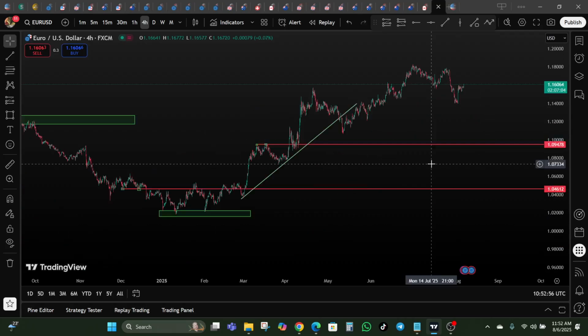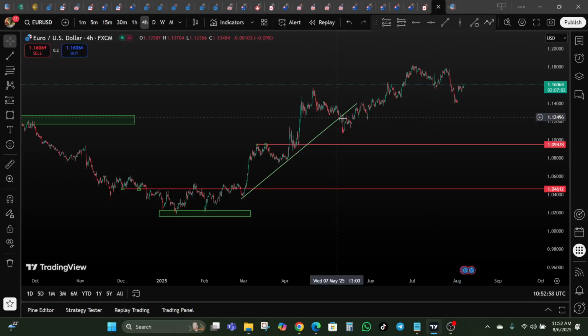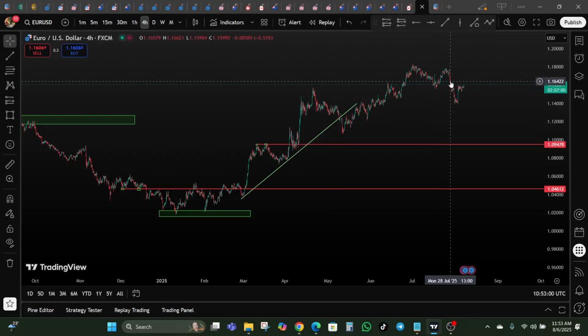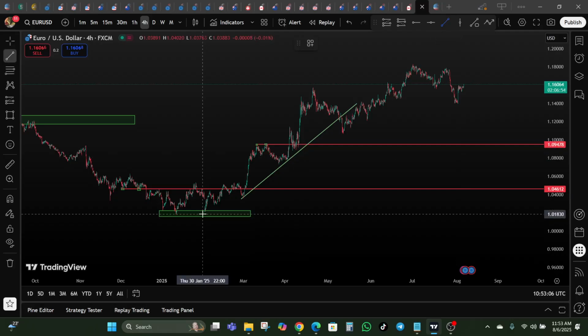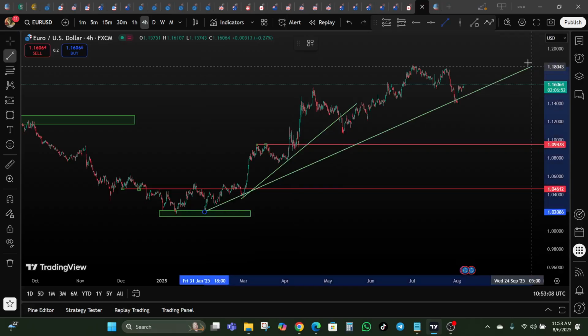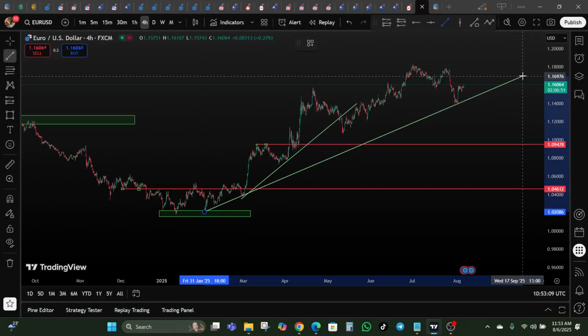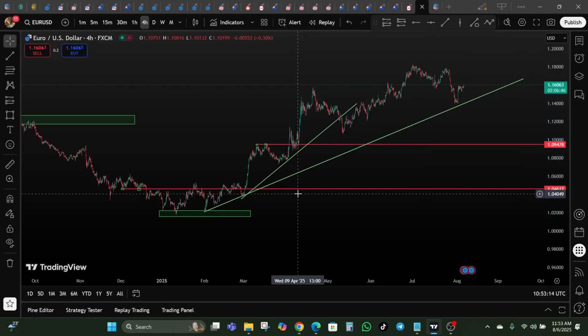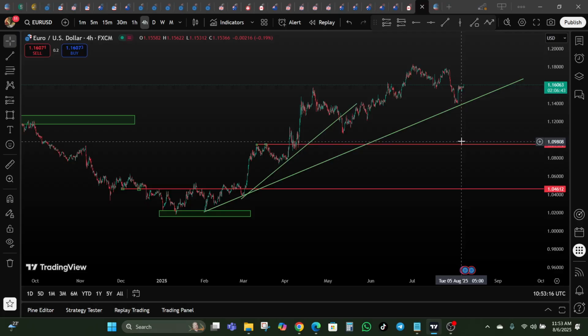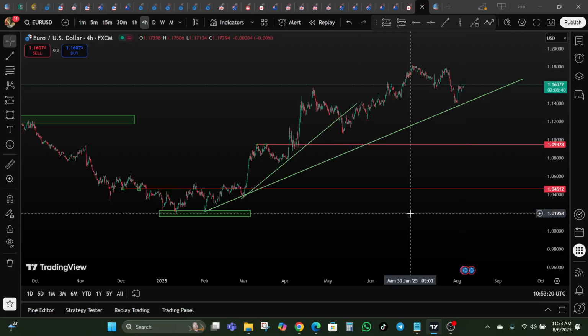This is the EURUSD pair, and this is one of the most liquid pairs traded in the world, if not the most liquid. We can see that generally the EURUSD currency pair is in a bullish trend. So you have to identify the trend first of all.